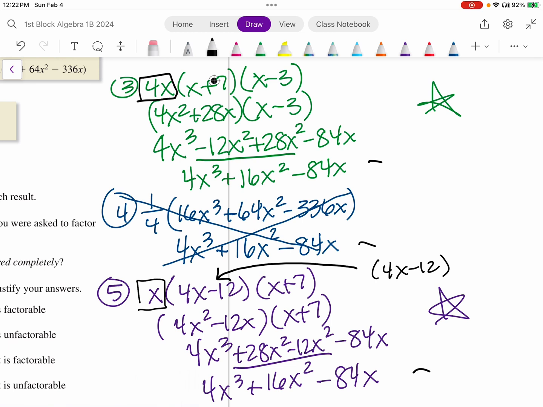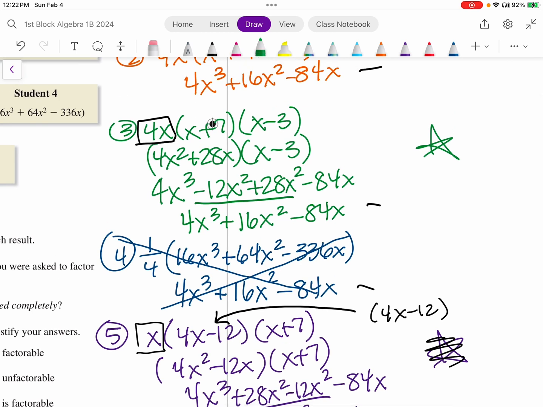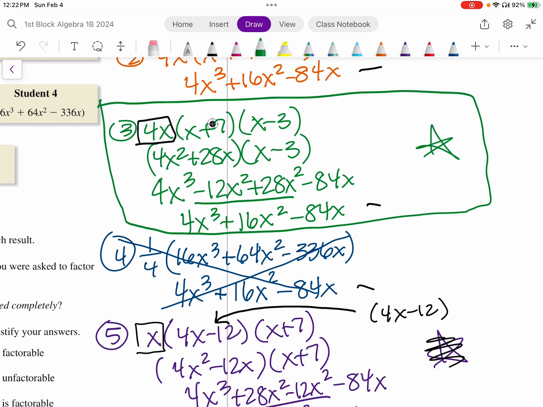So we can say that not student 5, but student 3 factored this original trinomial completely. They factored until every single term, the binomial x plus 7 and the binomial x minus 3, none of those can be factored any further.